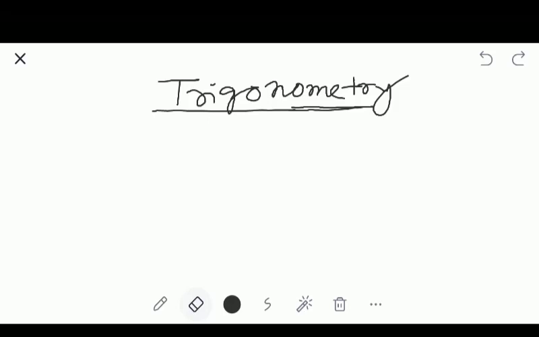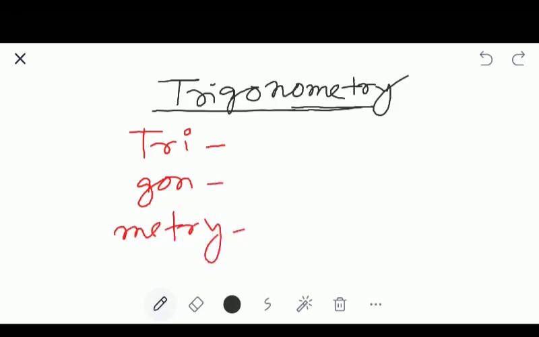Trigonometry is basically a Greek word because it has three parts: trigon and metry. Tri means three, gon means sides, and metry means measure.